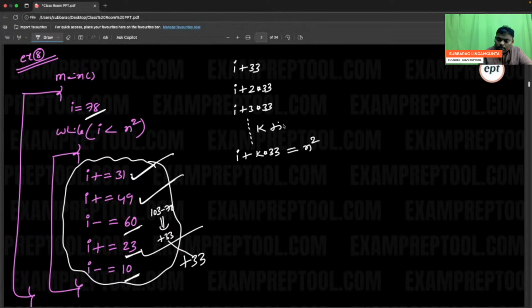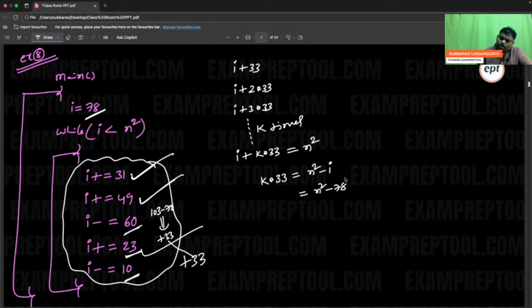So time complexity means what? How many times does the loop run? k times. So after k times, i plus k into 33 is equal to n square. So k into 33 equals n square minus i, where i is initially 78.